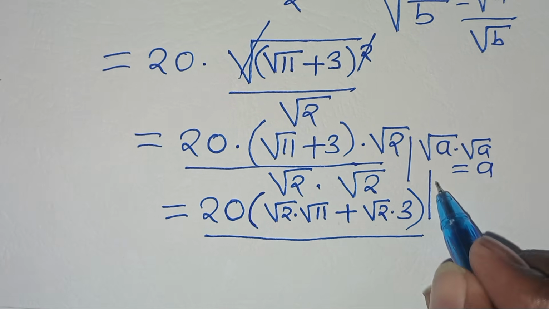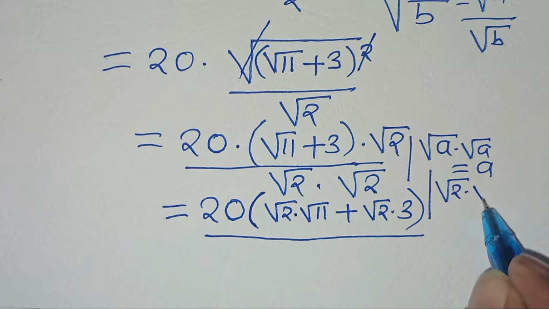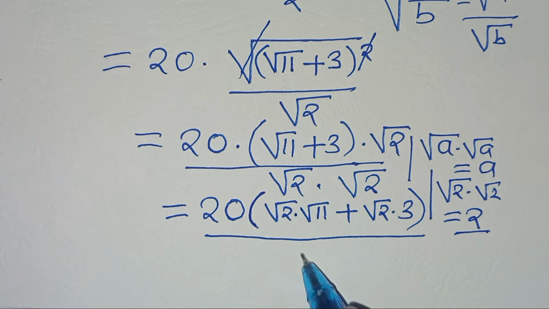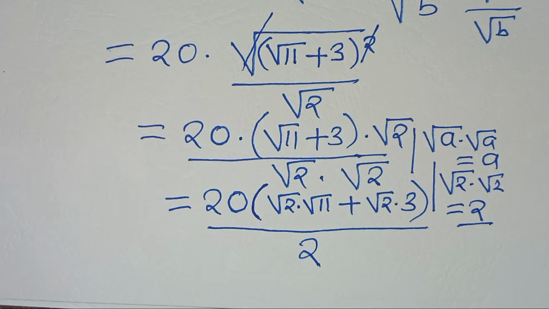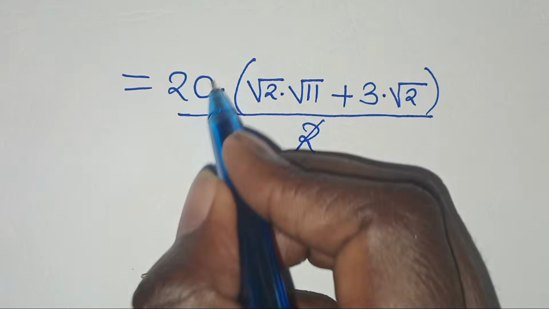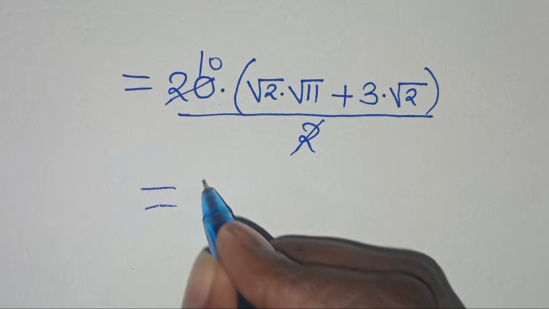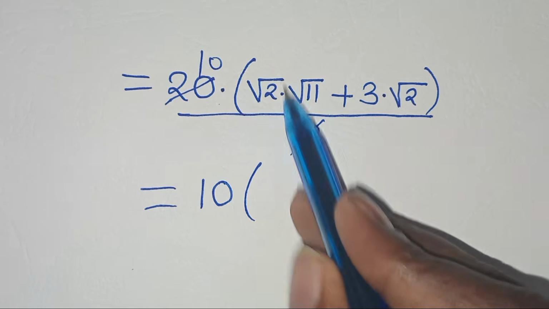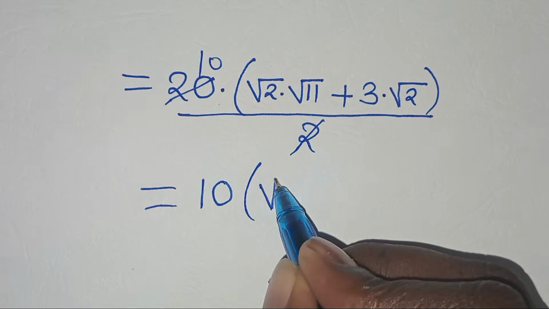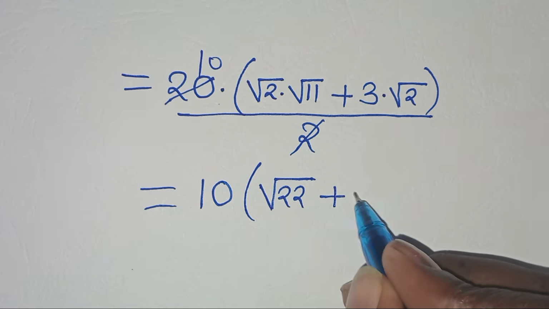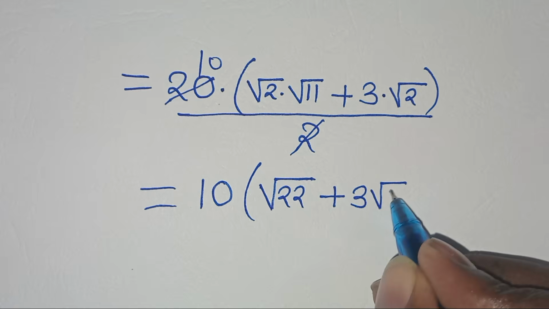So root 2 times root 2 is equal to 2, so this is divided by 2. Now let's simplify here. 20 divided by 2 is 10. So we have 10 in the parentheses: root 2 times root 11, this is the square root of 22, then plus 3 square root of 2.